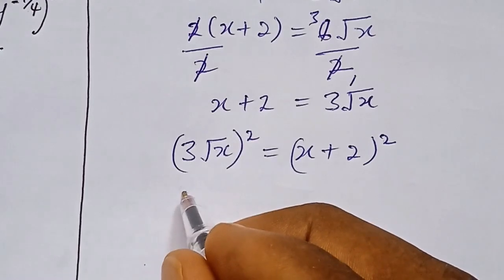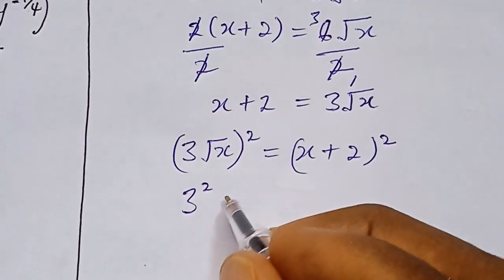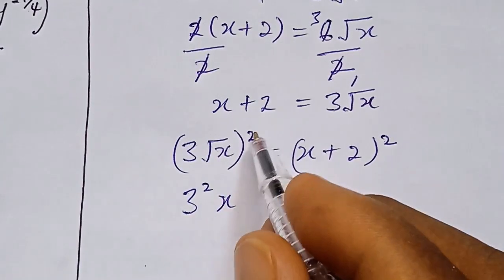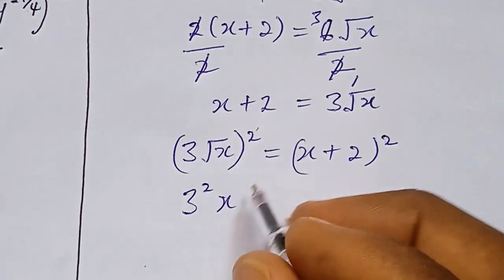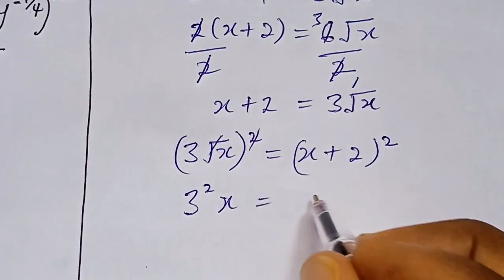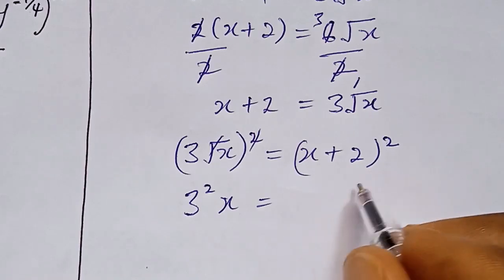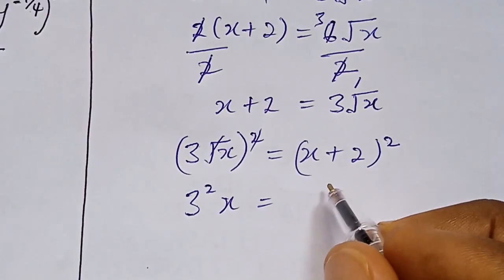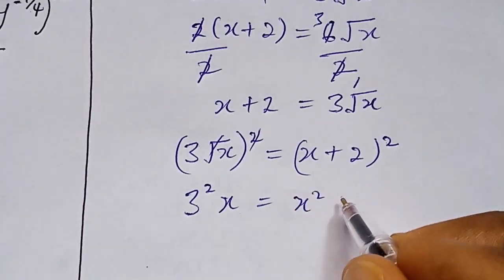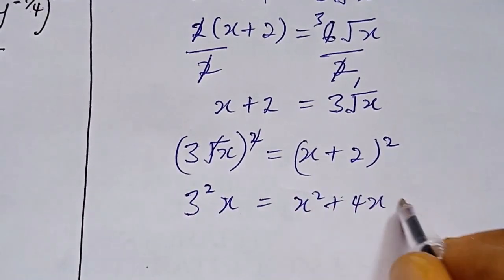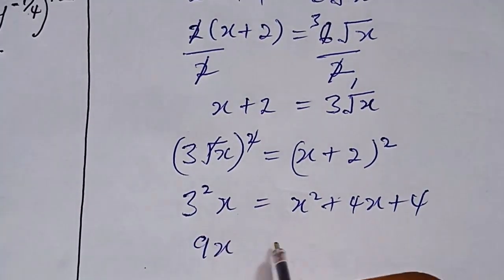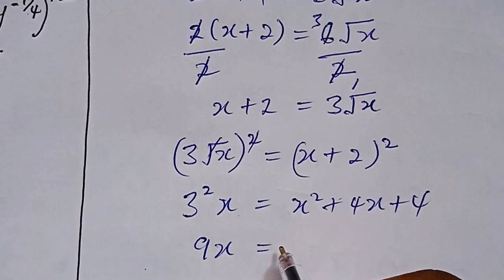This will be written as 3 squared times x. So this cancels out this, and this squares the 3. So we have, when we expand the right hand side, x squared plus 4x plus 4. So this now becomes 9x equal to this.